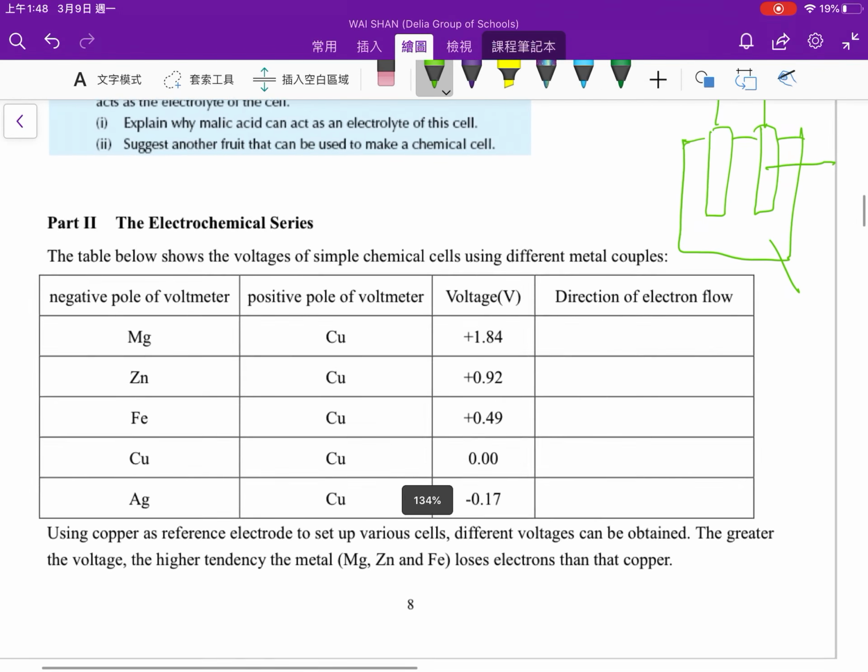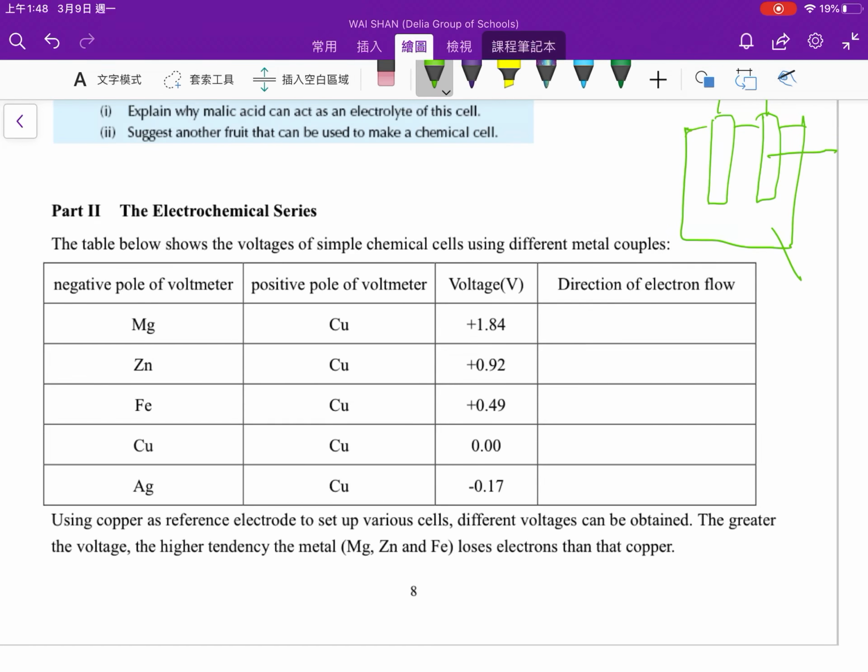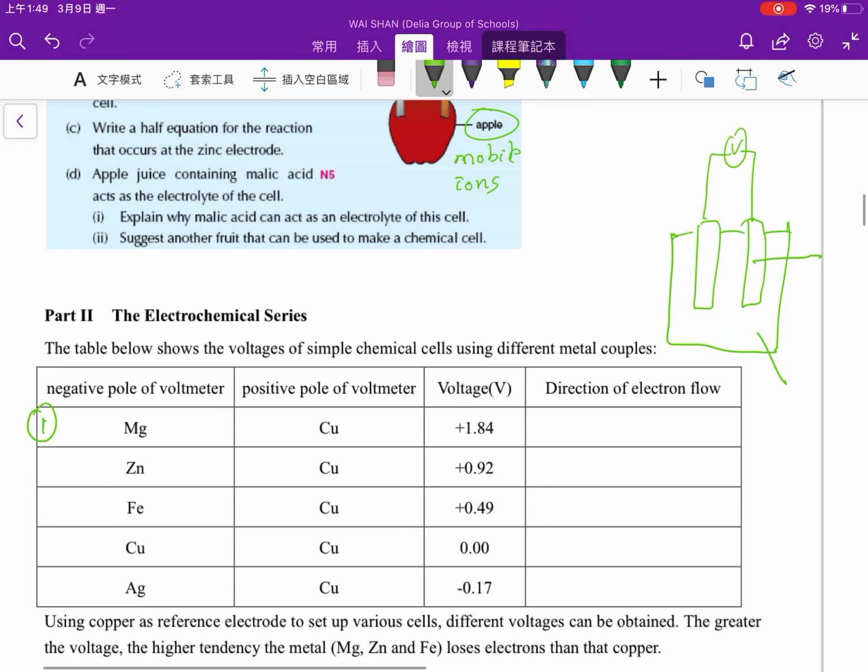Look at this table on page 8. For case number 1, we connect copper to the positive electrode and magnesium to the negative. We use the same electrolyte for all of these 5 cases.